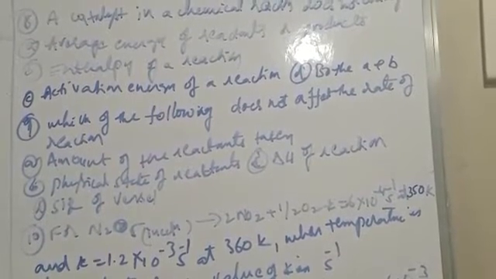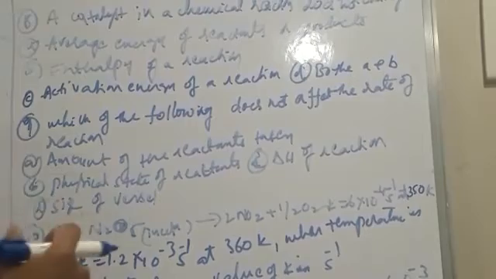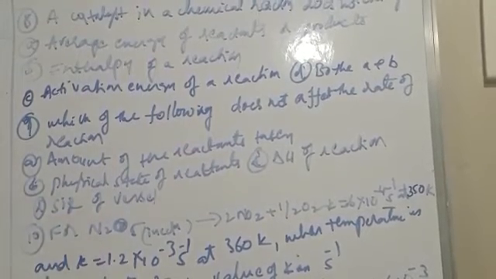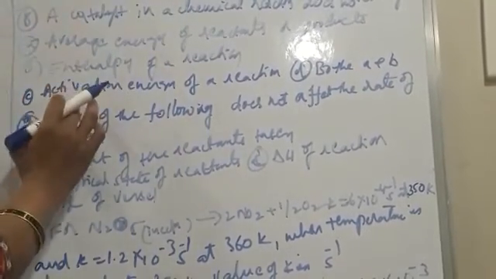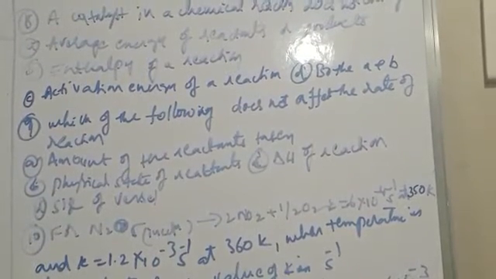Here, a catalyst changes rate of reaction by changing the path and by decreasing the activation energy. So, catalyst changes activation energy of the reaction, but it does not change average energy of reactants and products and also enthalpy of a reaction. So, what is the option here? D, both A and B.